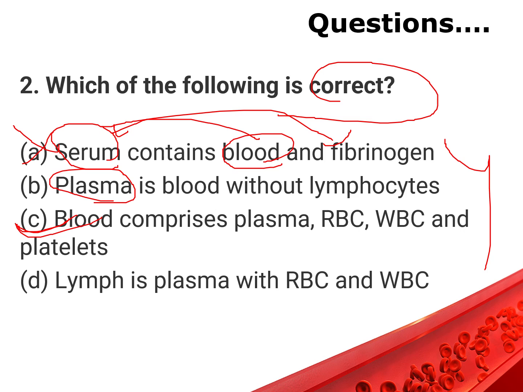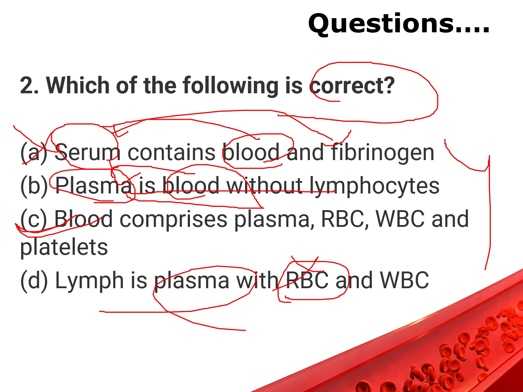This is wrong; it does not contain lymphocytes, but plasma is not blood, because blood contains the plasma. D option, lymph is plasma with RBC and WBC. Lymph is not plasma, and it is not RBC or WBC. Now let me explain the difference between serum and plasma in the upcoming slide.